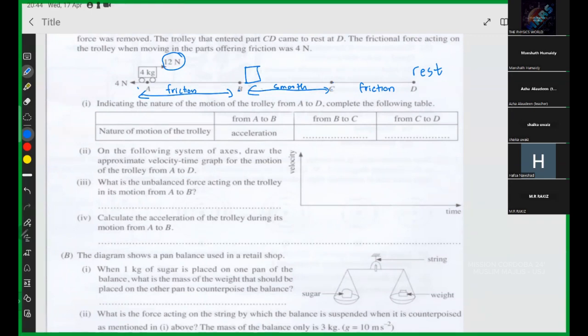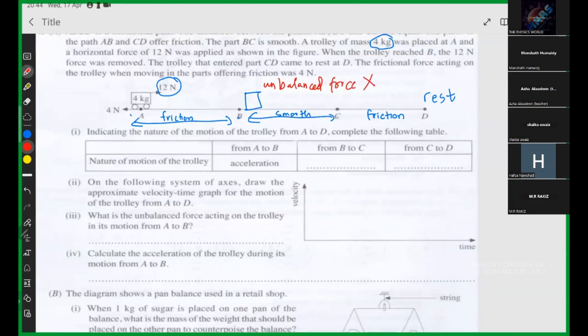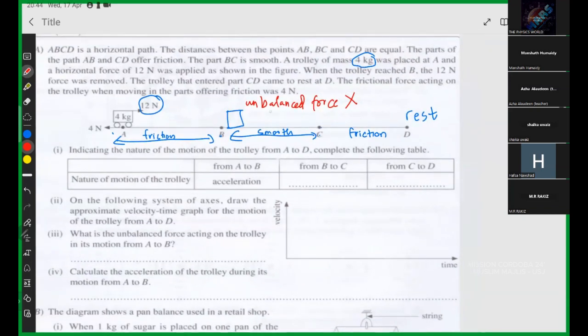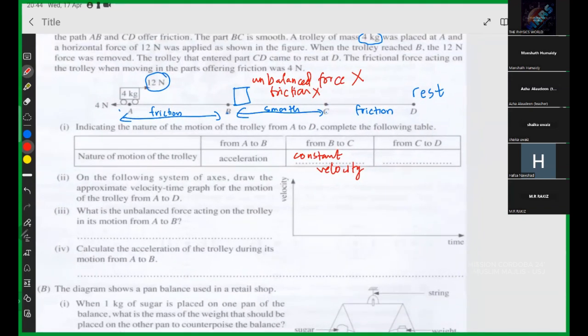There's no friction in B to C. There's no unbalanced force, and no friction also. The path is smooth. So it is moving with constant velocity. And then from C to D, it comes to rest. So coming to rest means deceleration.